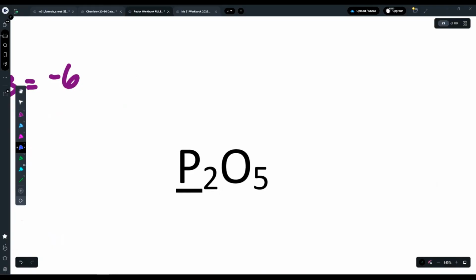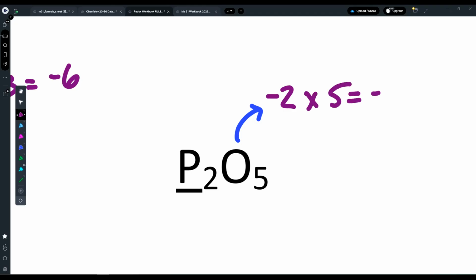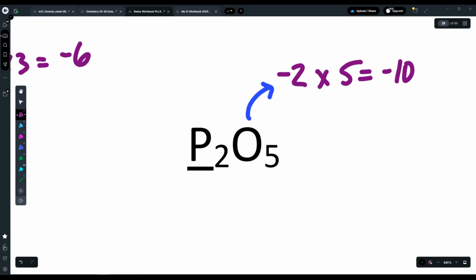Okay. Let's do the same thing for this next compound. We've got a -2 oxidation state for oxygen because this isn't a peroxide. So the total amount coming from the oxygens is -10.